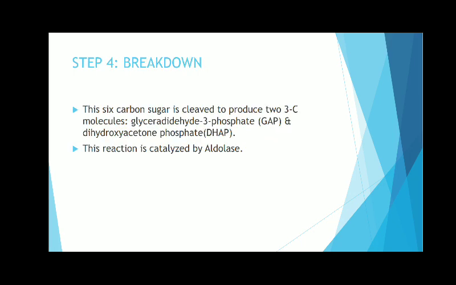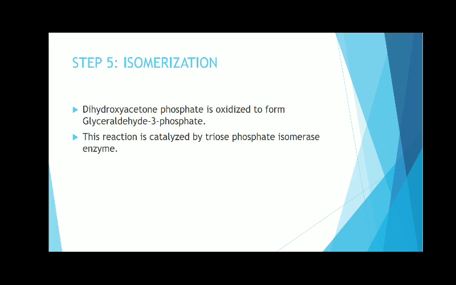Now, the next step, step 4, is breakdown. In this, the 6 carbon sugar is cleaved to produce two 3C molecules, that is glyceraldehyde 3 phosphate and dihydroxyacetone phosphate. This reaction is catalyzed by aldolase. Now step 5 is again isomerization.